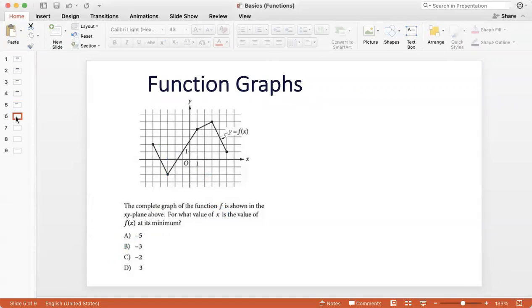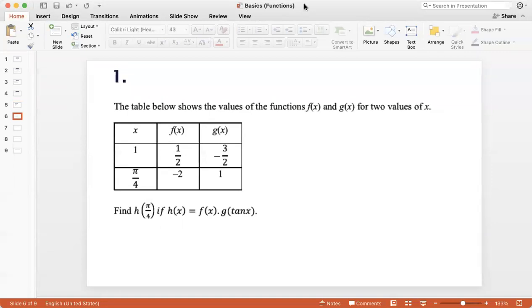Okay, let's do some sample problems. The table below shows the values of the functions f(x) and g(x) for two values of x. Find h(pi/4) if h(x) is f(x) times g(tan x).